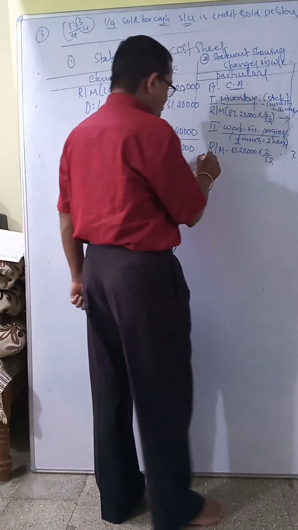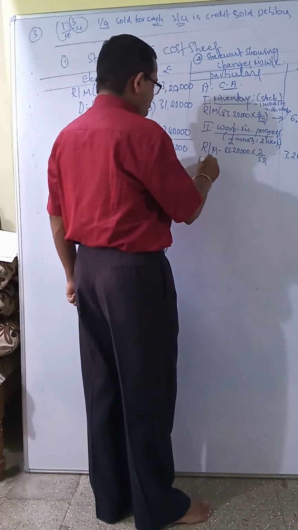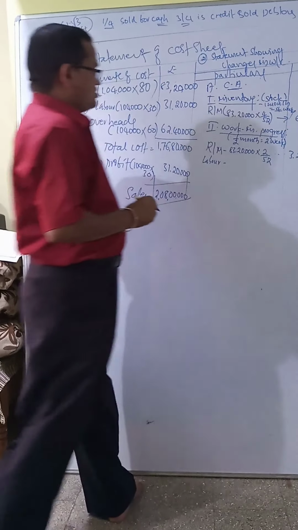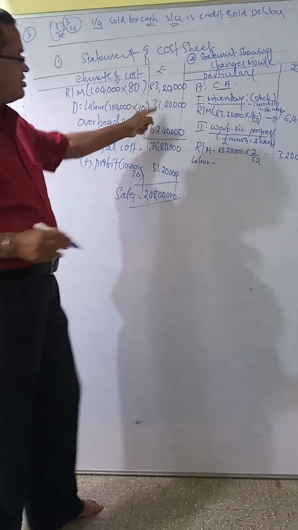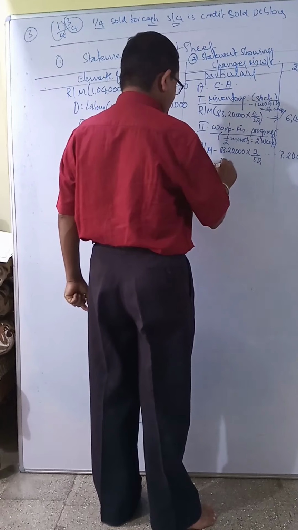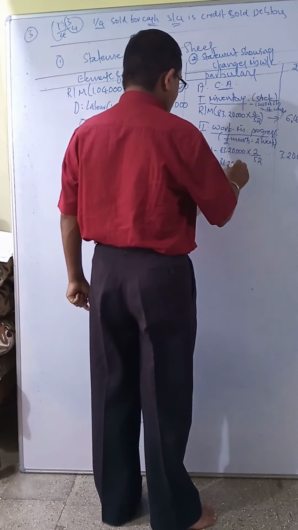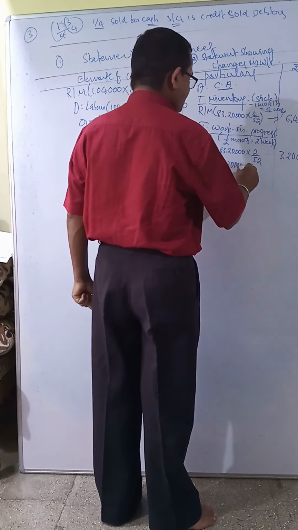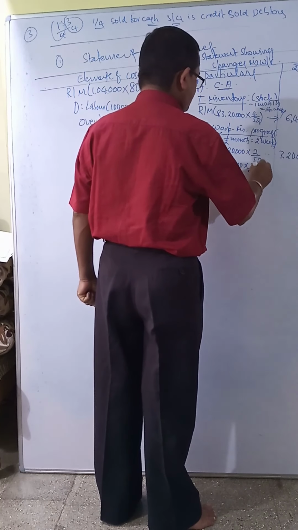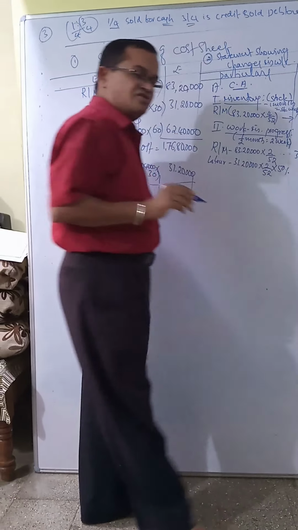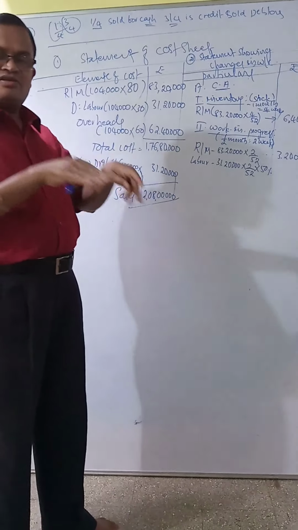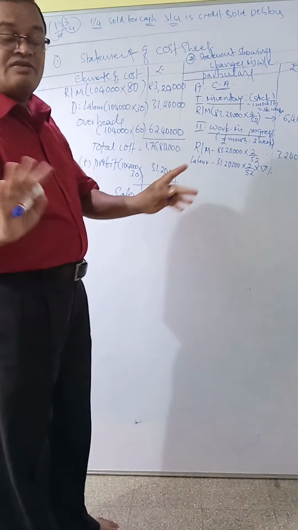So raw material is over. Labor we have to take. See here, labor cost 31 lakh 20,000 into 2 by 52, and into 50%. In work in progress, raw material is issued, but we still didn't get finished goods.